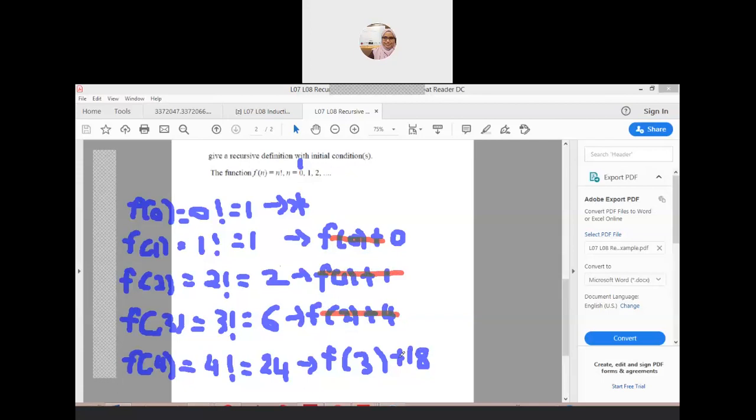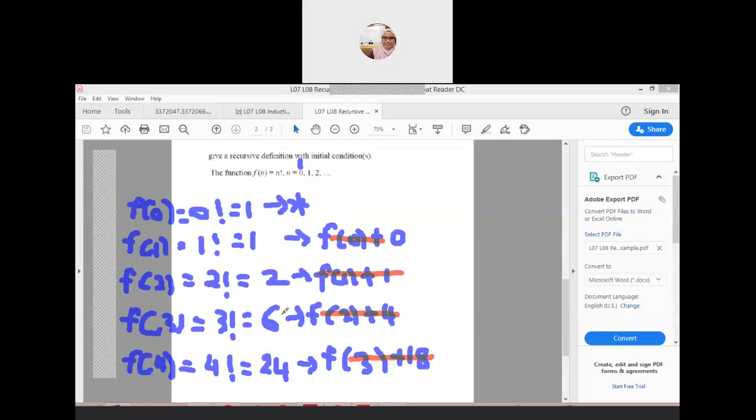But then we look at how can we get the next value from the previous value. So 1 times 1 we get 1. So 2 times 1 we get 2. 3 times 2 we get 6.